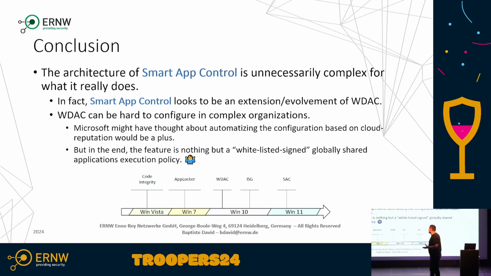That could have been the idea, and explaining why Smart App Control relies on WDAC and not directly on the antivirus. But in the end, it's whitelisting, signed, globally shared application execution policy.